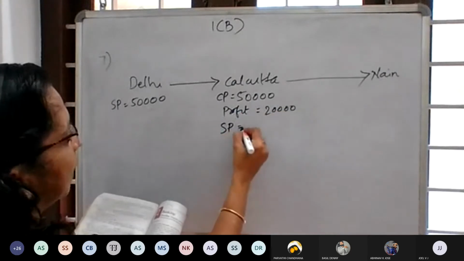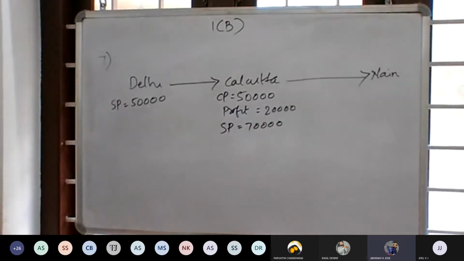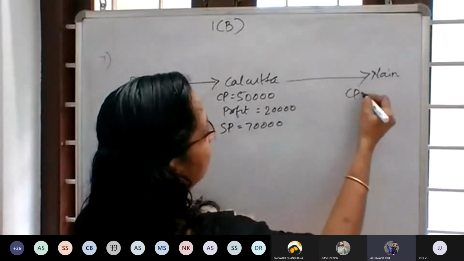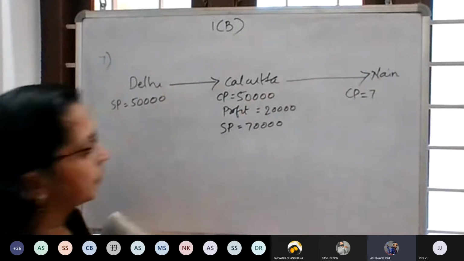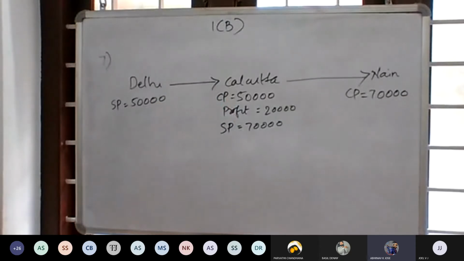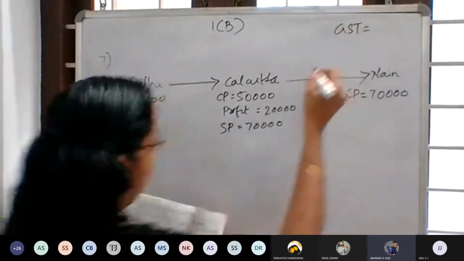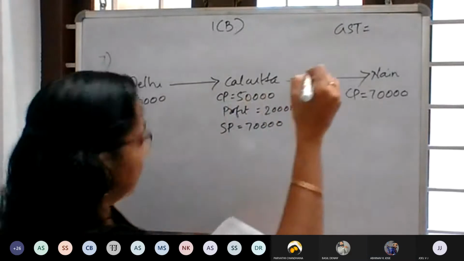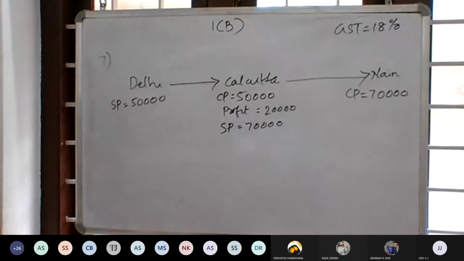Then SP at Calcutta is 70,000. Given GST is 18%.